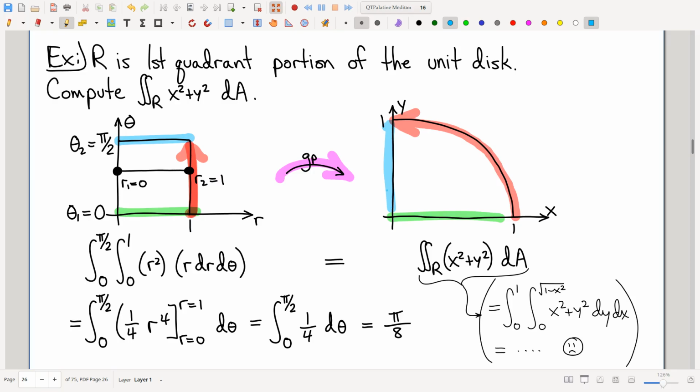Again, you want to think this through, good little details. The weird one is, let's see here, color choices. I guess I'll use orange. This entire left edge, that entire left edge is where r equals 0. So that entire left edge goes down to just the origin.